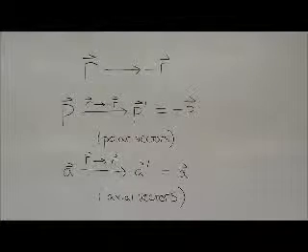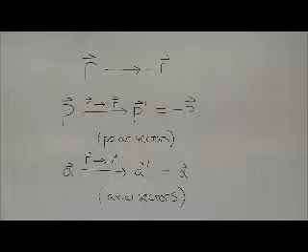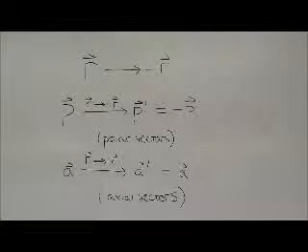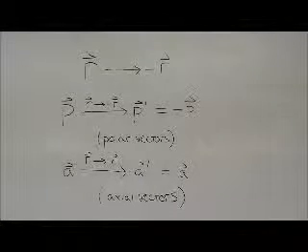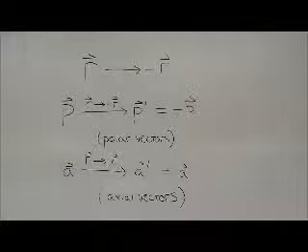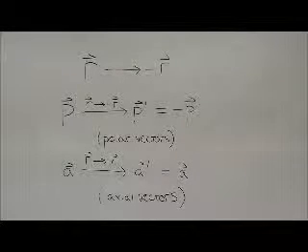The transformational properties of vectors with respect to a spatial inversion are given from r to negative r. The vectors p that transform according to p prime equals negative p are called polar vectors, or just normal vectors. Vectors a that transform according to a prime equals a are called axial vectors.